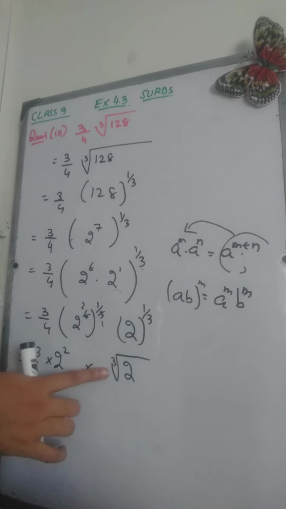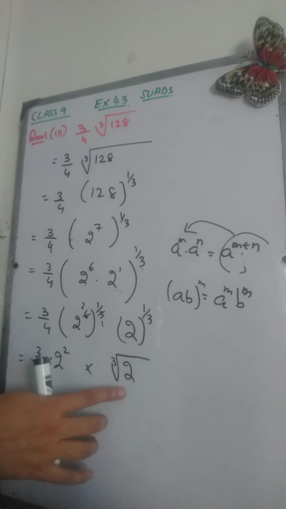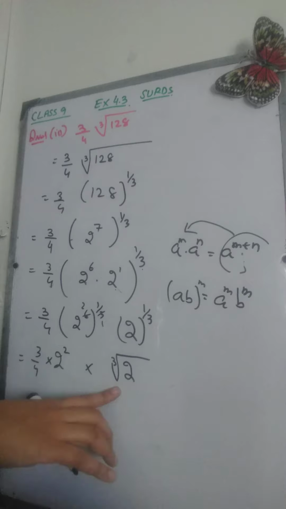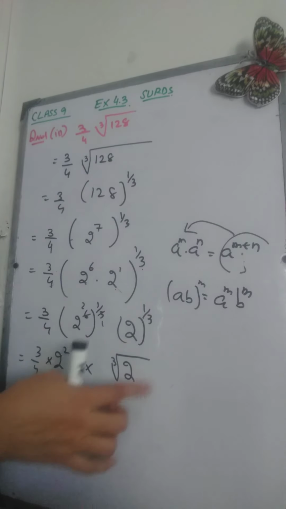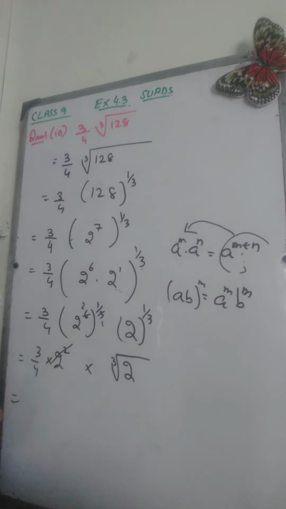Now converting this into radical sign, we will have an unresolved cube root of 2. So this will give us an irrational number. And 2 squared will be cancelled out with 4, and the result will be 3 into cube root of 2.